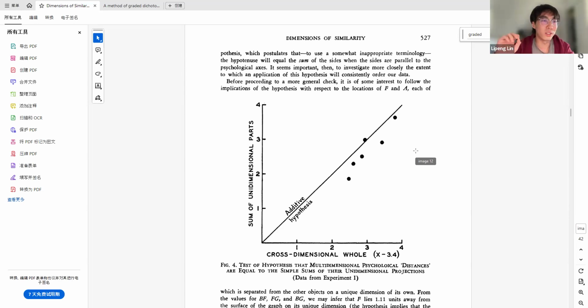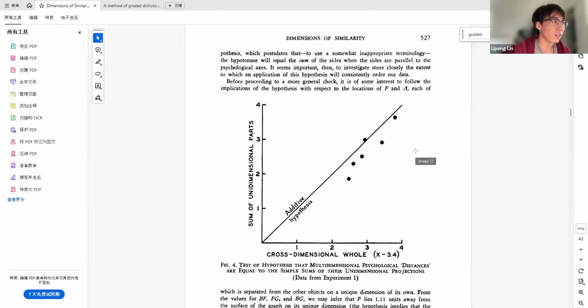So when we are doing MDS, we make a very strong assumption that the psychological distance between these embeddings, video, color, is Euclidean distance. But we think it is not the case.